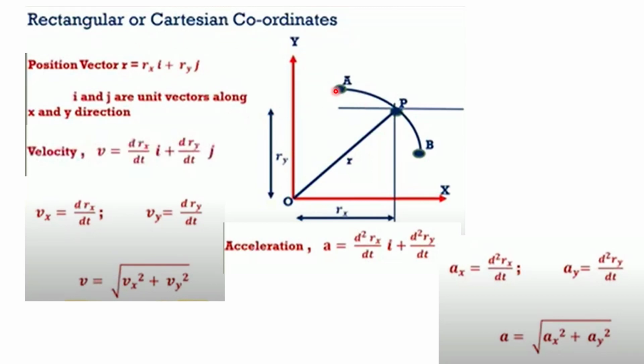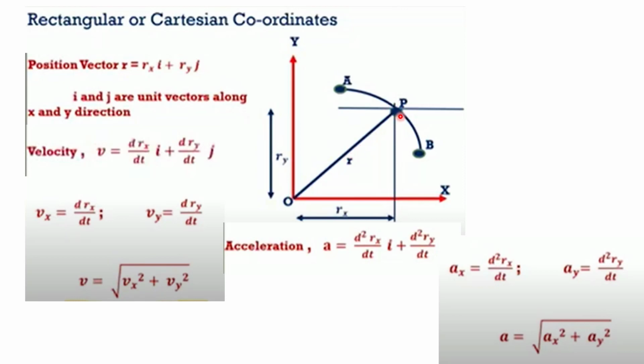So here we will consider a curved path AB, and let P be the particle which is moving along this curved path. Now let X and Y be the reference axes, and we can see that the particle P is at a distance of r from the origin.